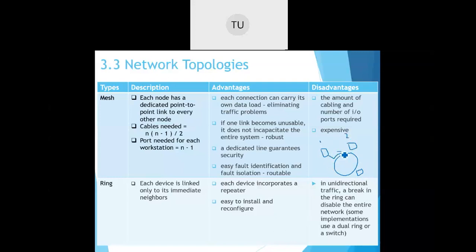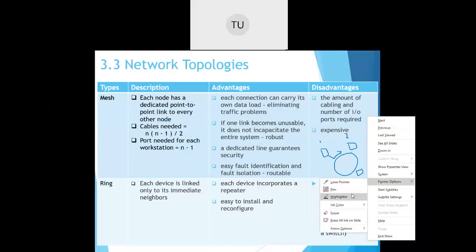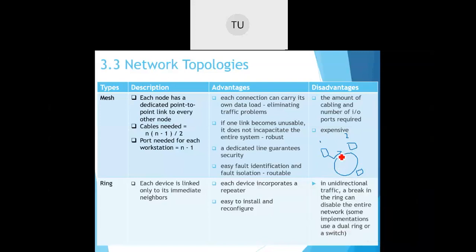But in the case of a backbone or network ring failure, you are not able to send the data. It means that a break in a ring can disable the entire network, because there is a failure in the ring.